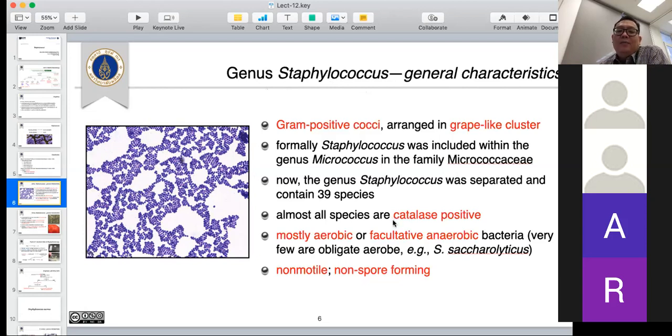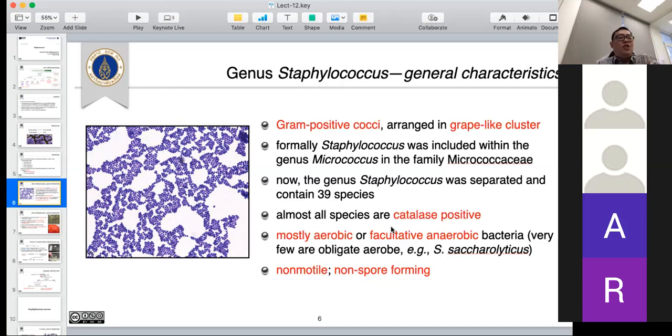They show up catalase positive. So they have the catalase enzyme. Still remember, catalase enzyme is the one that converts hydrogen peroxide to water. That makes Staphylococcus mostly aerobic, or facultative anaerobe for some species.